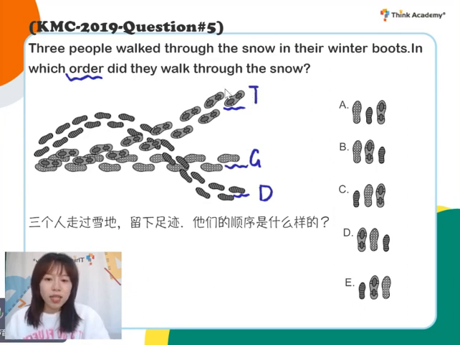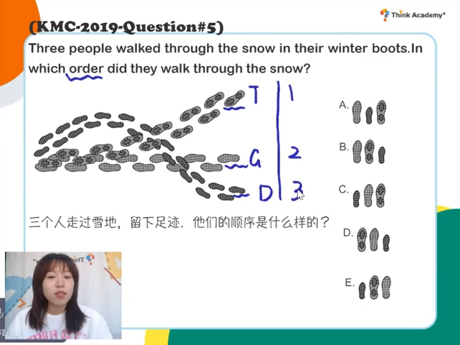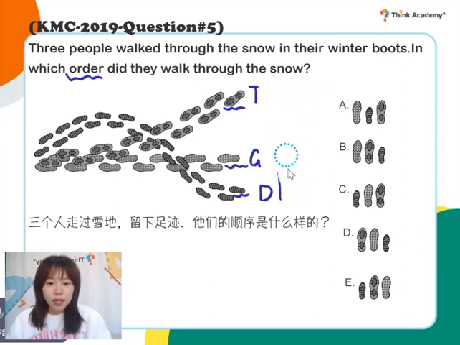They think the order is like here with a line, and this 2 circle one is the first, the second, and then third. Is this the order? No, the problem is asking the order they walked. They walked through the snow, so that's a different order. When we make sure about this point, let's see how we know their order.